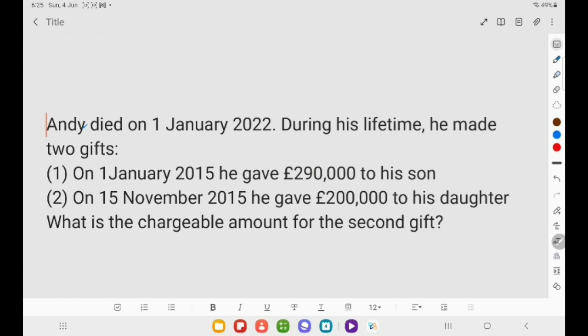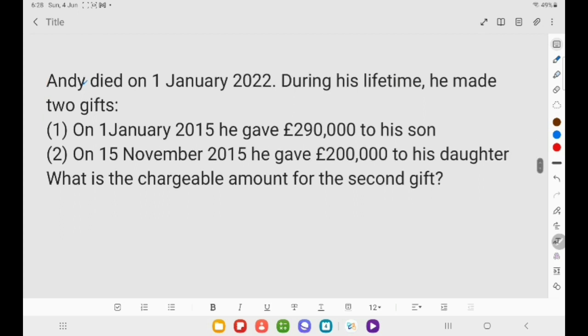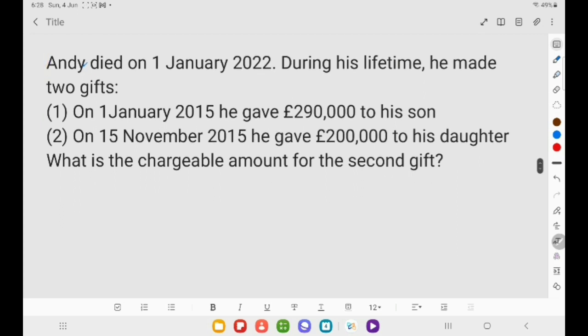During his lifetime, he made 2 gifts. On 1st January 2015, he gave 2,90,000 to his son, and on 15th November 2015, he gave 2 lakh to his daughter. What is the chargeable amount for the second gift? So it is second gift that has an amount of 2 lakh.